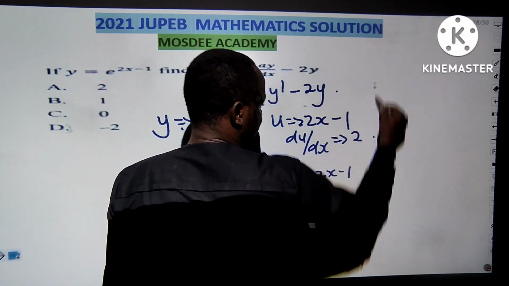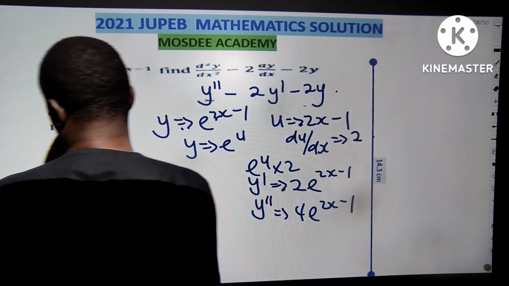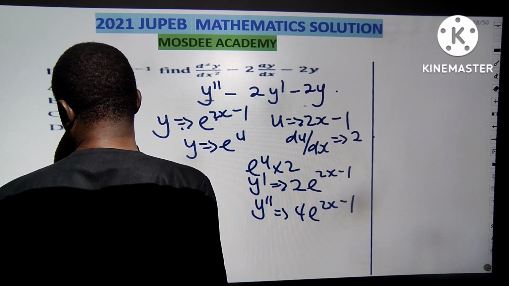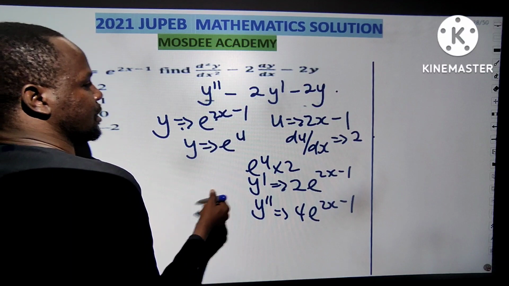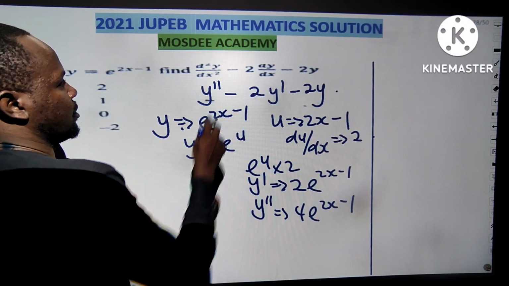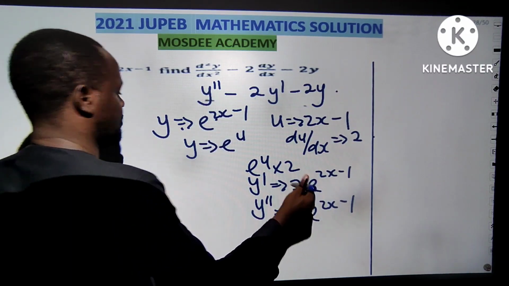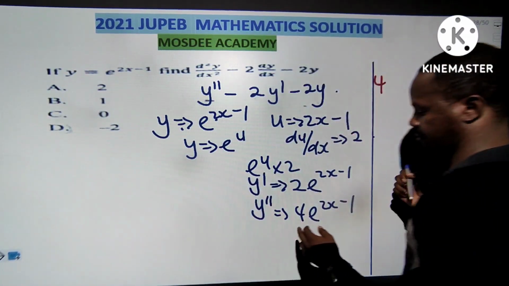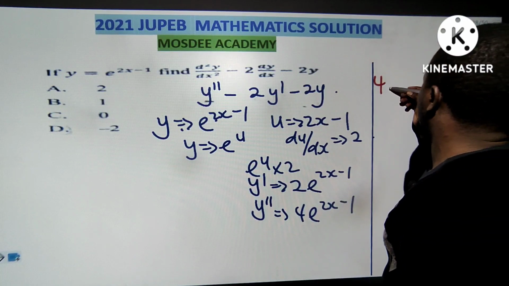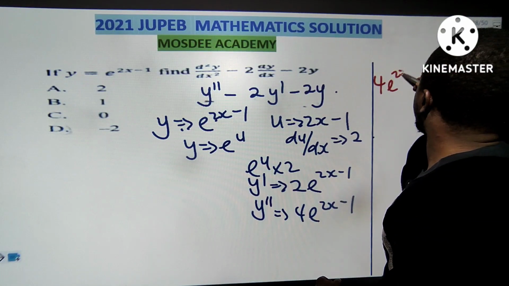Then, guys, we can now move on and say, okay, fine. Now that we have that, the next thing will be substituting the values. This is y double prime, so 4e raised to power 2x minus 1.